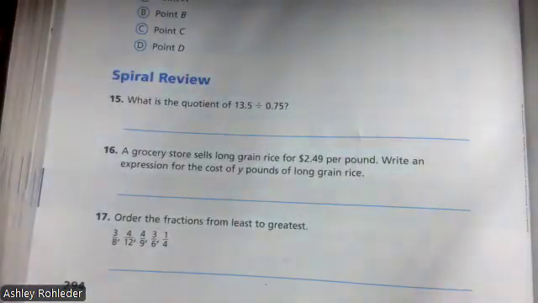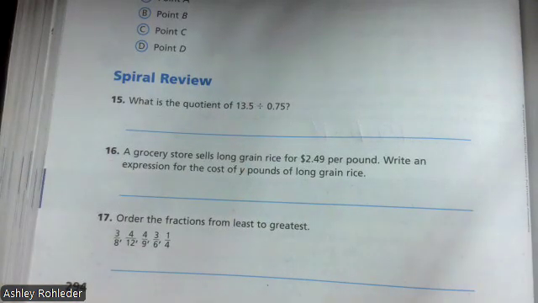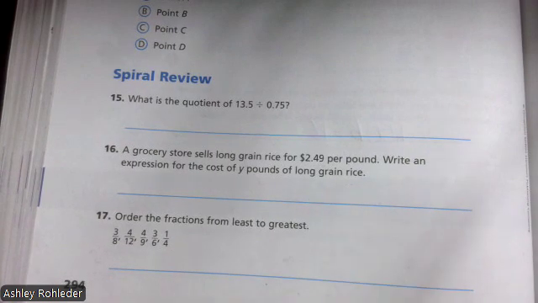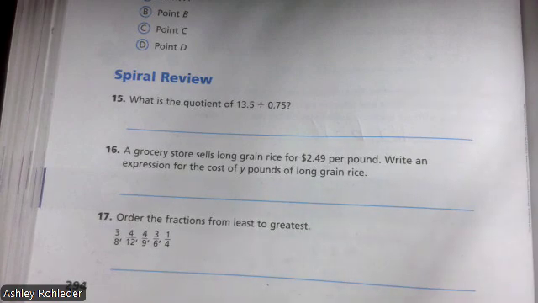Number 15, what are they asking there? What is the quotient? The answer to a division problem. Which number goes inside the house? The first number. A grocery store sells long grain rice for $2.49 per pound. Cross that out.